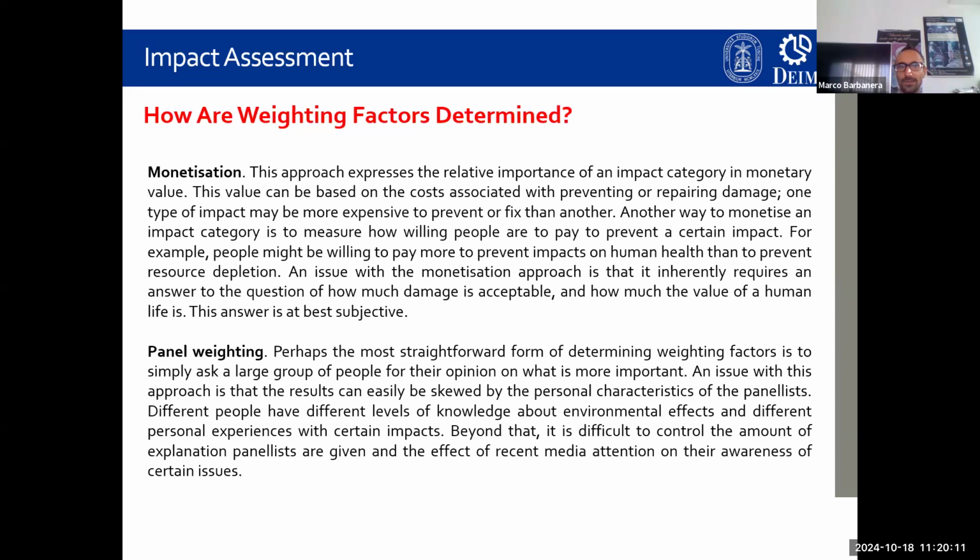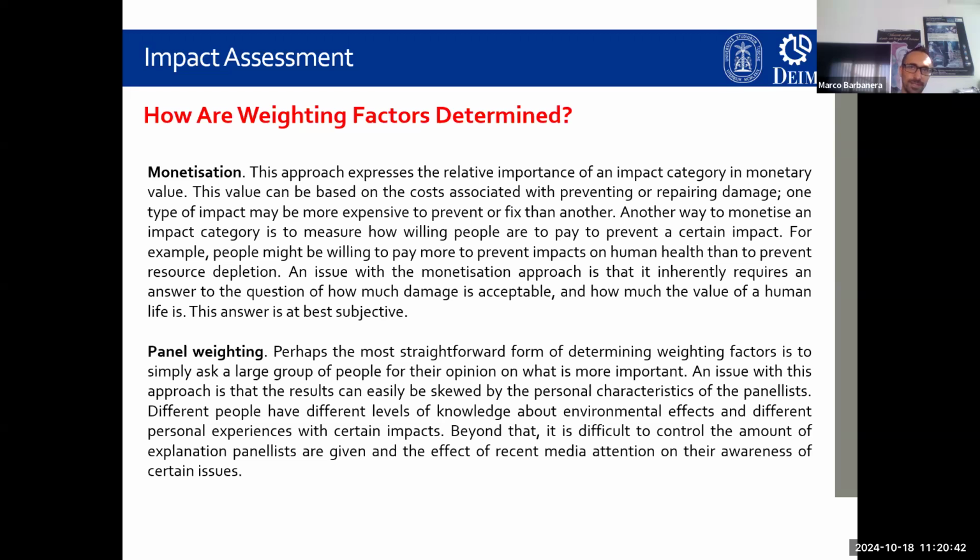Among the indirect costs, we could consider also the environmental impacts converted into monetary values. So in this case, we have a better idea of the overall costs associated to our product.